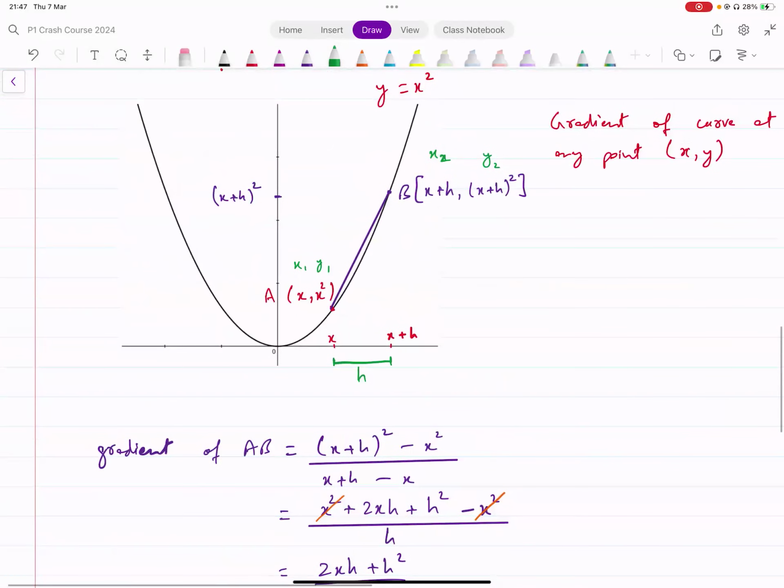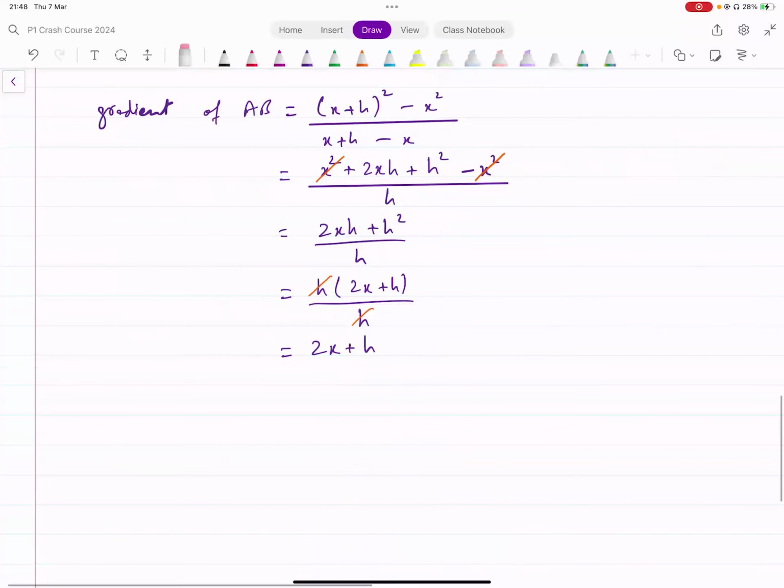We want h to be as small as possible so that the second point comes very close to the first point. What's the smallest possible value of h that we can have in this case? We can say h should be extremely small, such that it just reaches zero. When that happens, what does this gradient become? The gradient becomes 2 times x.